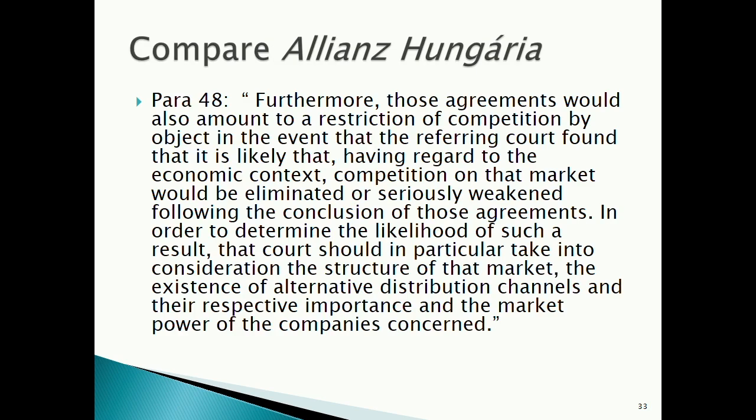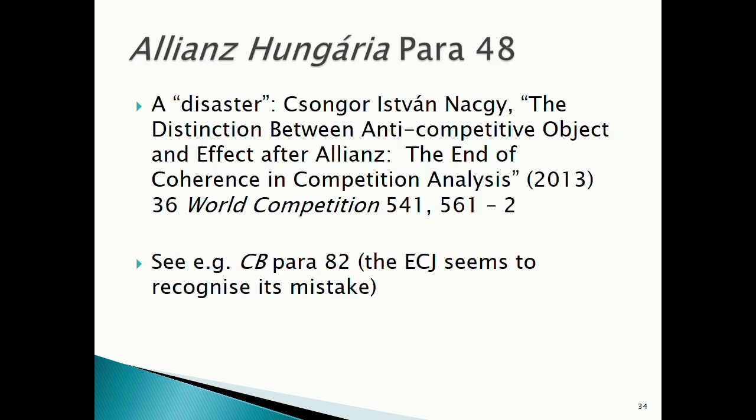And in Alliance Hungaria, okay, following those agreements in particular, look at everything, okay? The line got really blurred in Alliance Hungaria by almost suggesting that there is no line, and even in the by object case, you need a full-blown economic analysis.